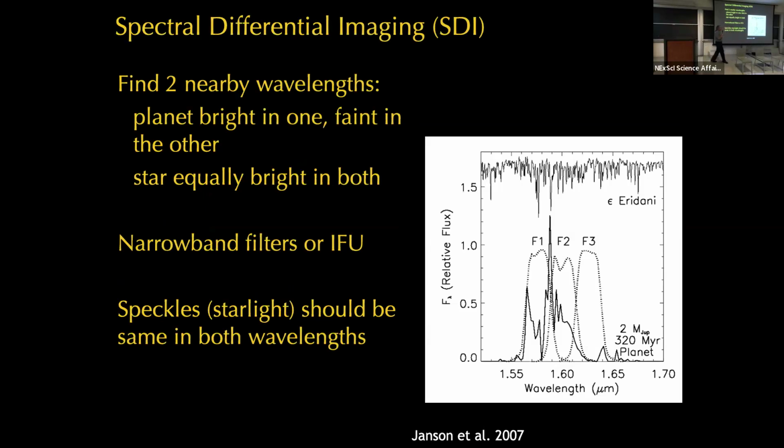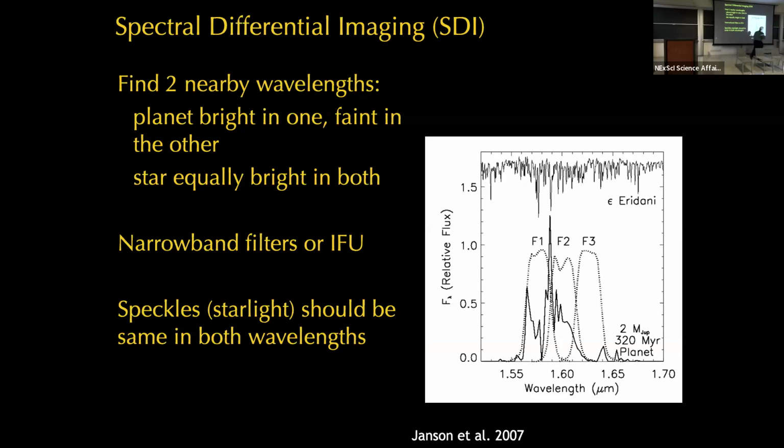The idea is you find some sort of spectral feature that your planet will have, hopefully where there's more flux in one wavelength than another, and you hope that your star has a different spectral signature, and you use that to essentially have an image where the planet is gone. As an example, this is the SDI instrument at VLT. You have one filter at 1.6 microns. The planet should be relatively bright there.